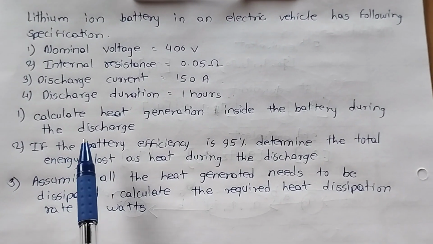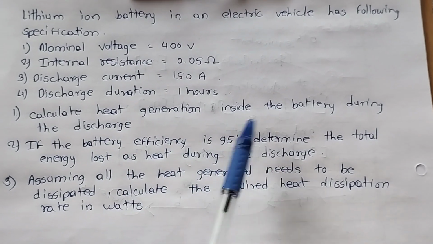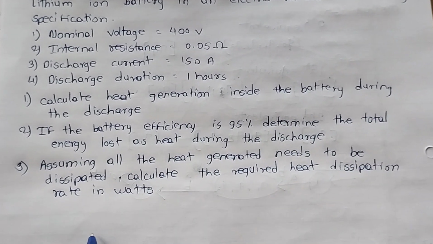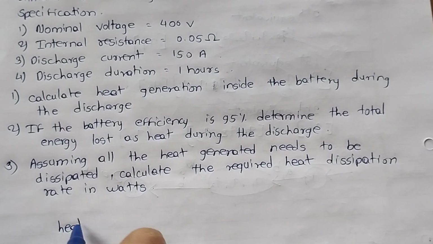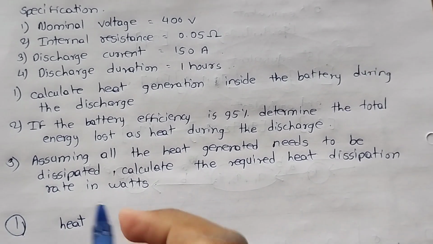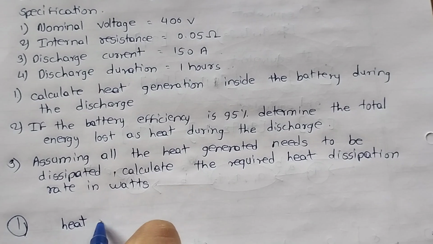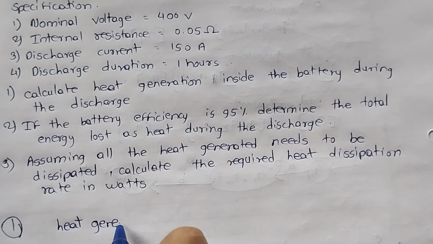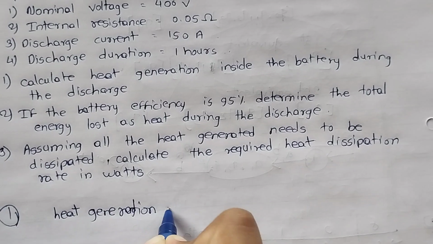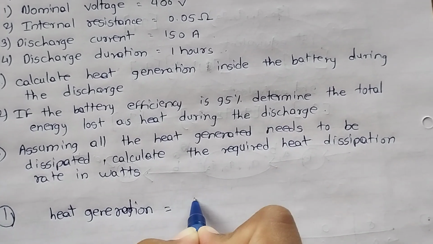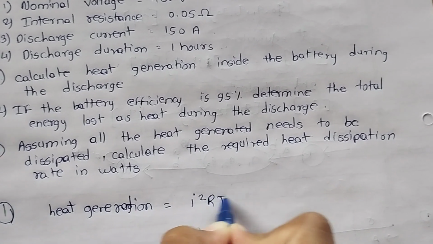So first calculate the heat generation inside the battery. The formula for the heat generation is: heat generation is equal to I square RT.